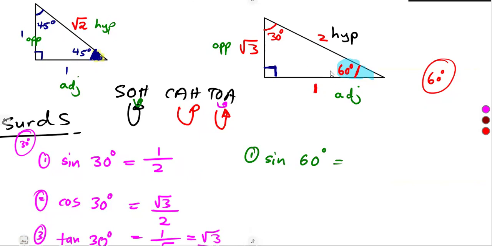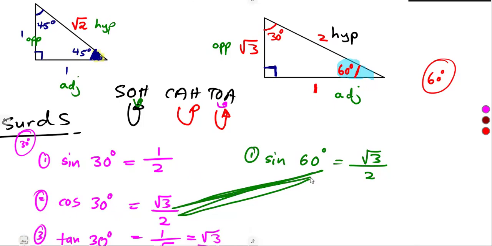Our opposite, according to 60, is square root of 3. This is our opposite. So that's square root of 3 over the hypotenuse, which is 2. As we can see, the same answer as cos 30. So cos 30 and sine 60 are exactly the same.